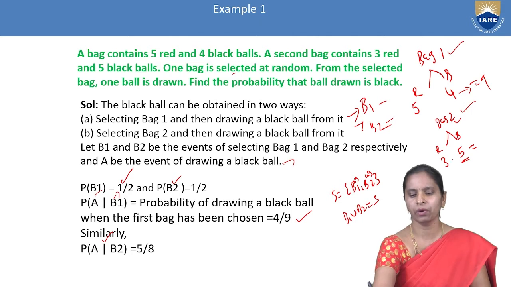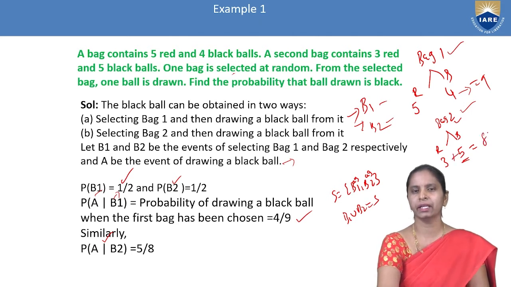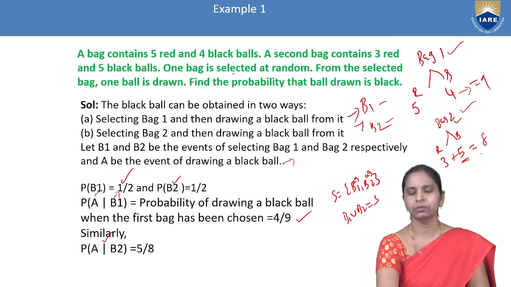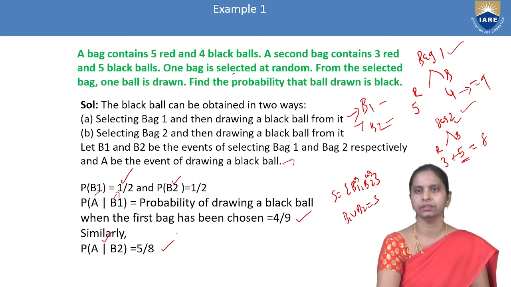And totally how many balls are there? 8 balls. Out of a total of 8 balls, the number of favorable outcomes, the black balls, is 5. Then the probability of selecting a black ball from bag 2 is equal to 5 by 8.